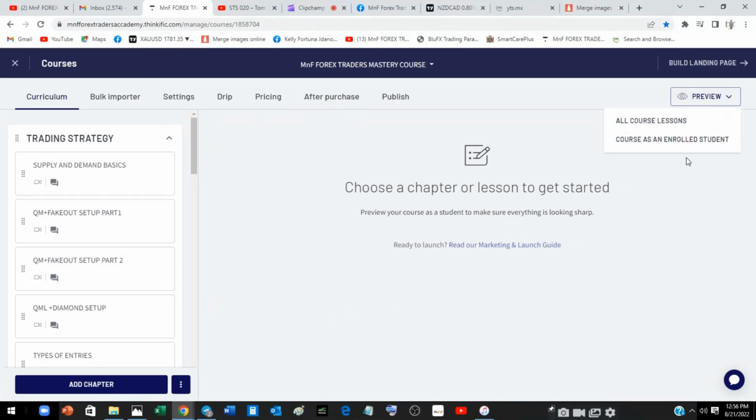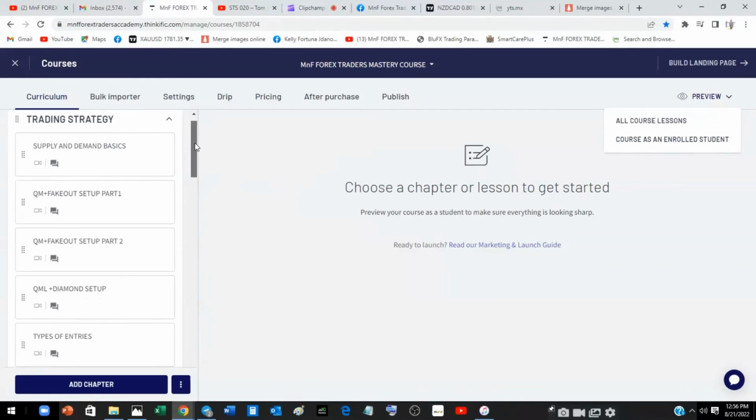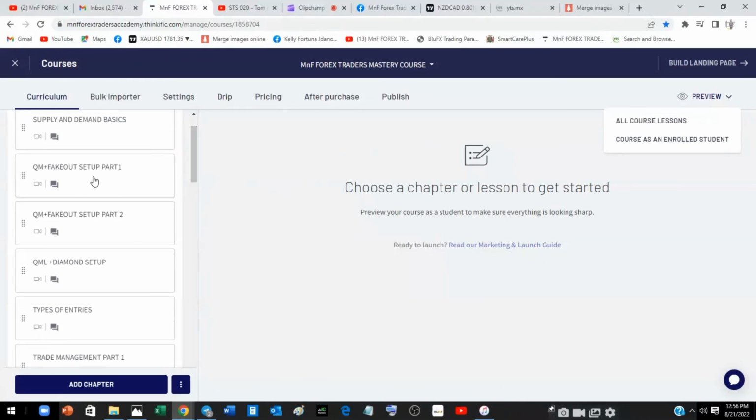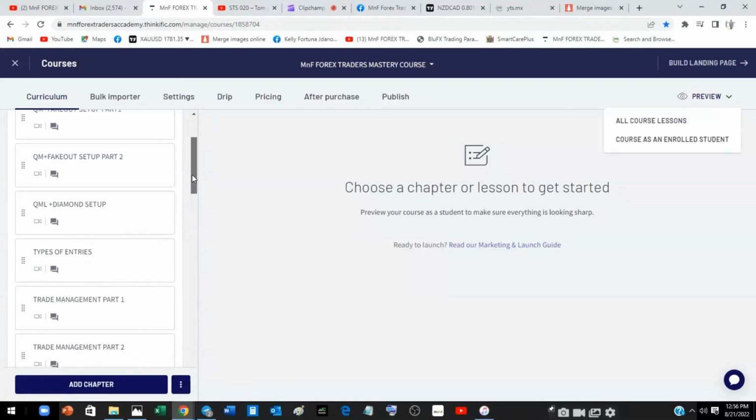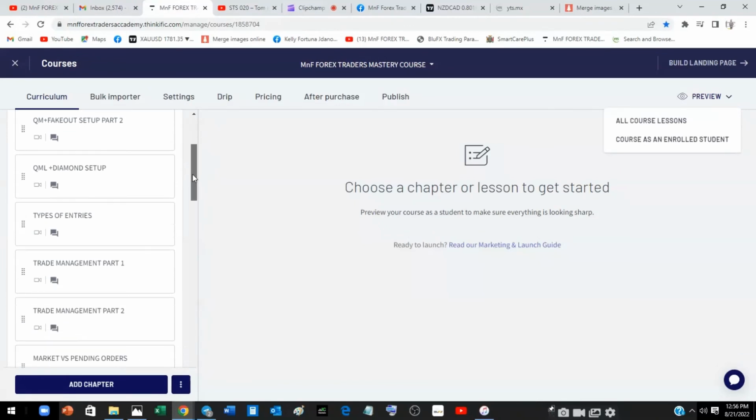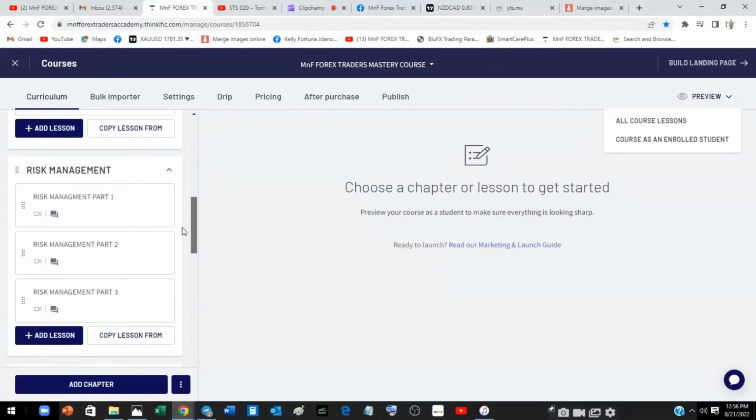Starting from strategy right here, we have basics of market, supply and demand, so that we teach you the specific strategy that we use and everything else, so that you are able to actually trade on your own.